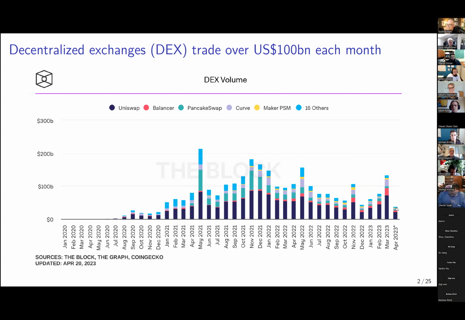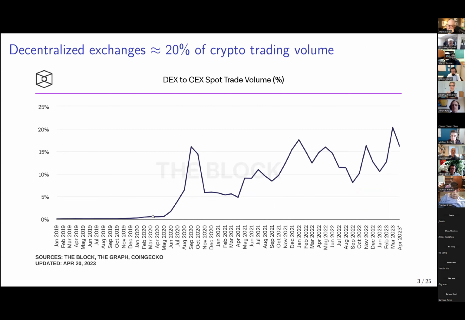The crypto winter, the crypto prices are not very attractive anymore. And across decentralized exchanges, there's one that stands out that trades the most, and that's Uniswap, and that's essentially the one we're going to look at the data for. And decentralized exchanges represent a fair share of all the crypto trading volume, around 20%, right? So they are economically important.